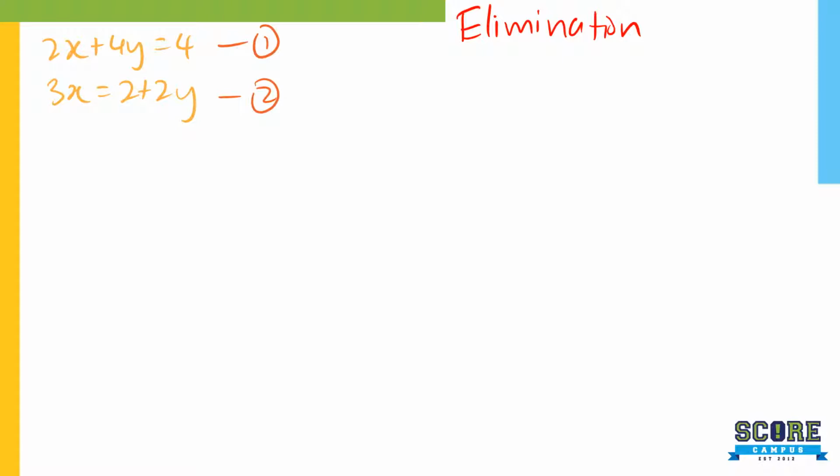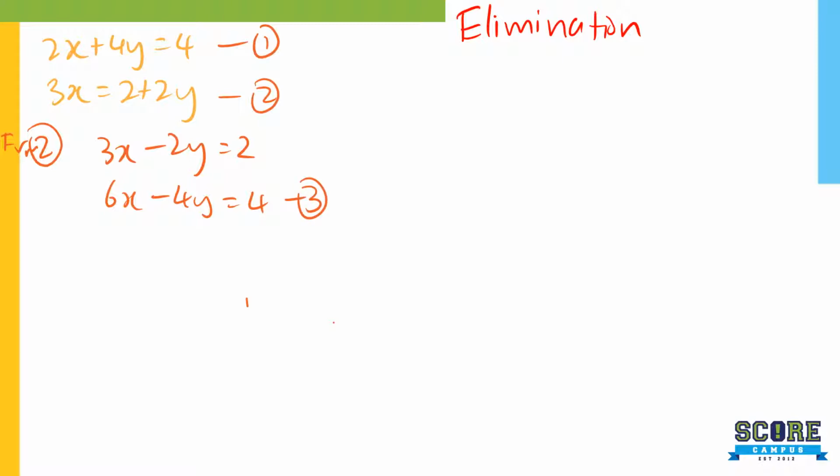So let's take equation 2: 3x minus 2y equals 2. And then I'm going to multiply this by 2. You will understand why later. 6x minus 4y equals 4. This is equation 3.